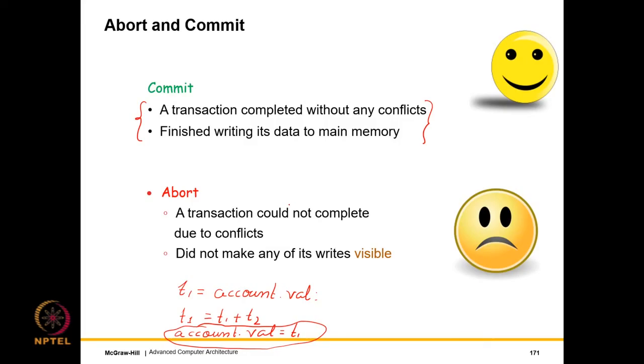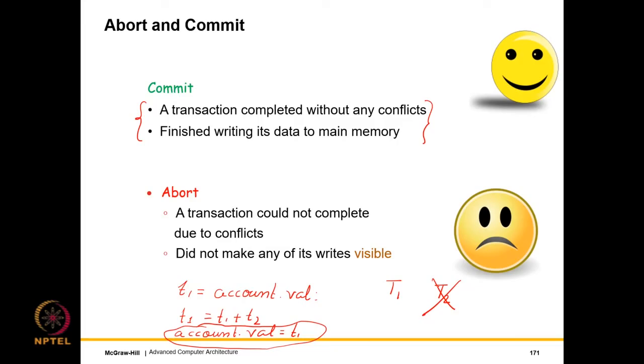Aborted basically means that none of its writes or none of its changes will be visible. It will look as if the other transaction, the conflicting transaction, of course, if there are two transactions, T1 and T2, that are conflicting, then it is hard to say which one is conflicting, but let's say both are mutually conflicting. One of these has to be scrapped, erased, aborted. So if T2 is aborted, it will appear as if T1 was the only transaction which was executing in isolation.